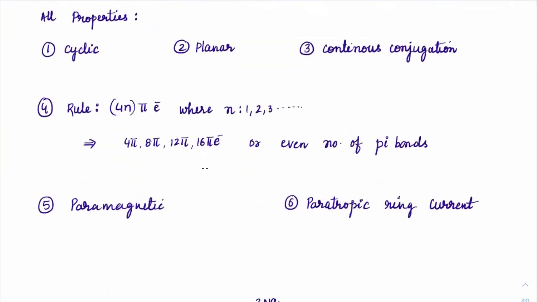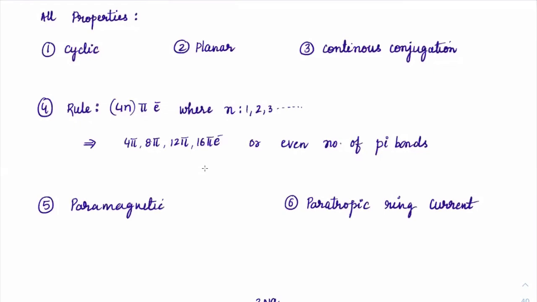Here it is the 4n pi electron rule, which means if n is equal to 1, 2, 3, 4, if you write any of them, you should have 4 pi electrons, 8 pi electrons, 12, 16, and so on. If this number of pi electrons is present in a cyclic, planar, continuously conjugated system, then it will be anti-aromatic.